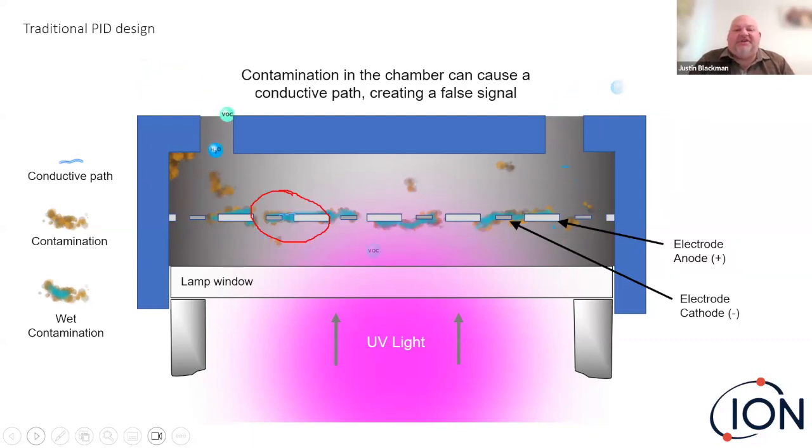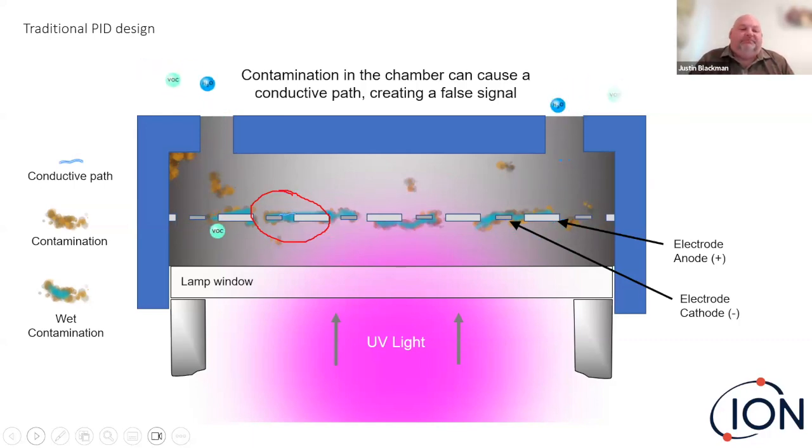So this was a traditional problem. At Ion Science, we remember that contamination. We call it conductive residue after photoionization. If we shorten that, we have CRAP. So we have our crap problem with our conductive residue.